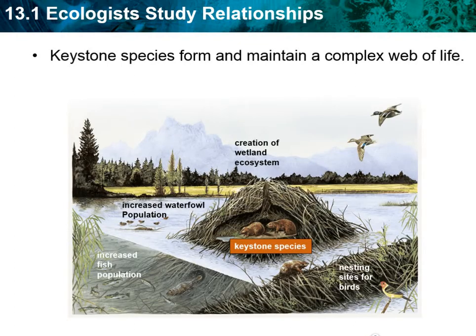So in this example right here, the beavers are an example of a keystone species. When they make a dam, that builds water up, which allows different animals to be able to live there, gives nesting areas for animals. There's another one that was a good example of a keystone species that was removed, and that was the giant sea otter, which were hunted in the Pacific Northwest to where they basically wiped out that population.